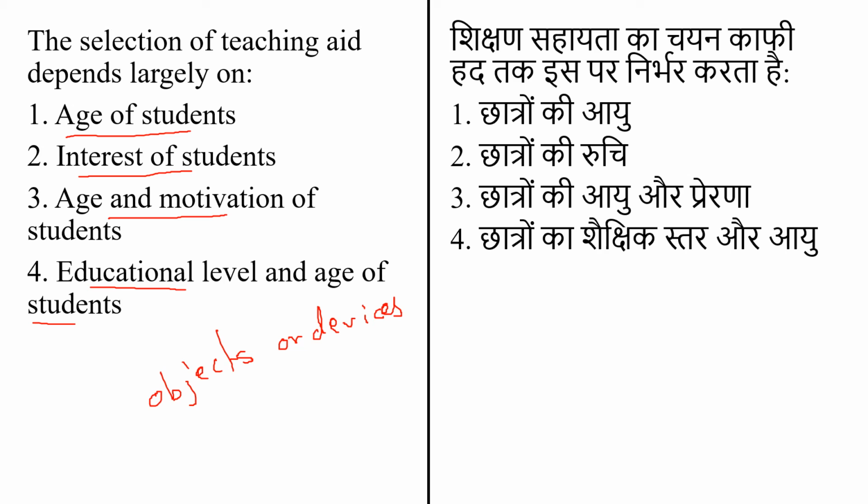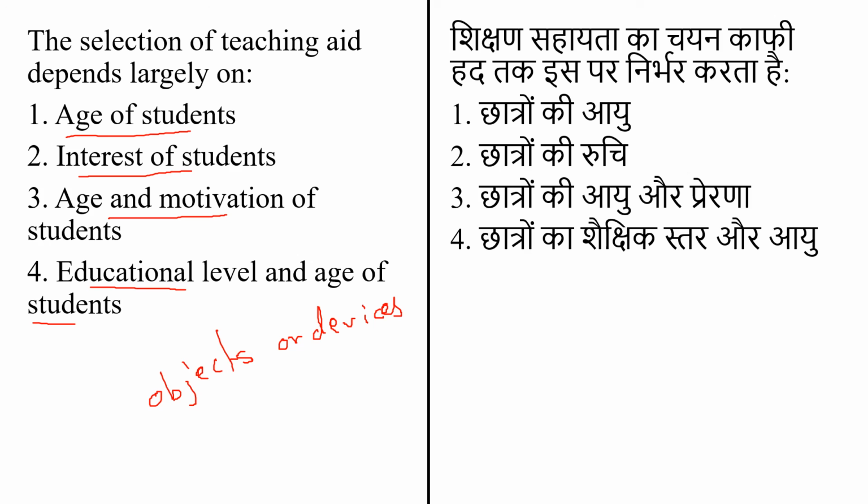Now, the use of teaching aids depends largely on which of the following factors, they are asking. It will be the educational level and the age of the student. Why? Suppose a child is learning in class one or at KG level, we can't show big videos or big charts because the student will not understand anything, right?